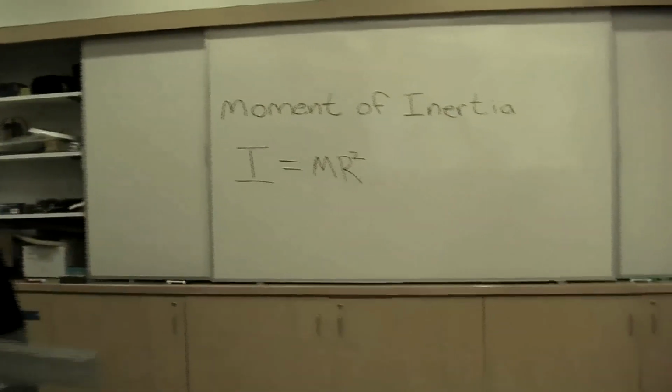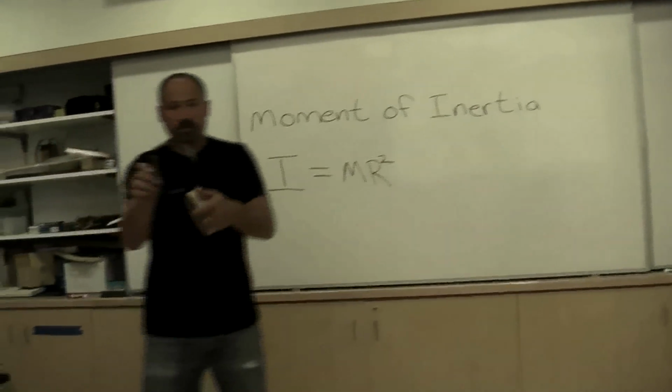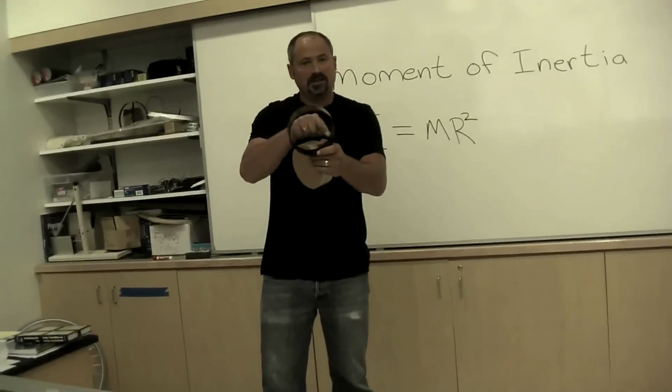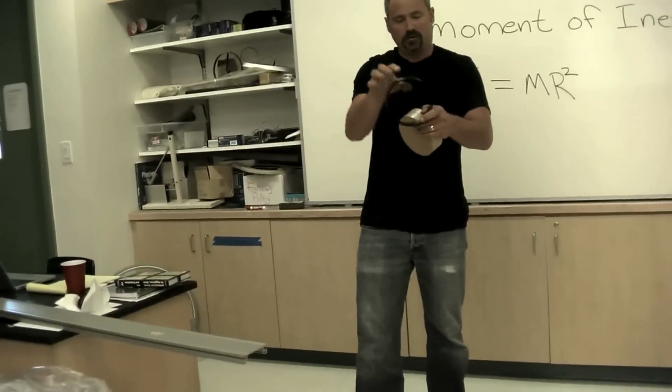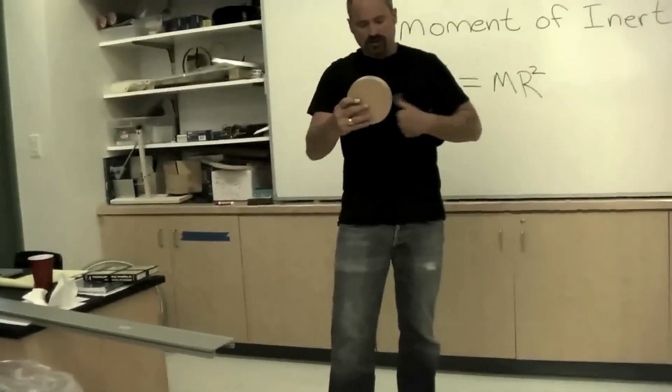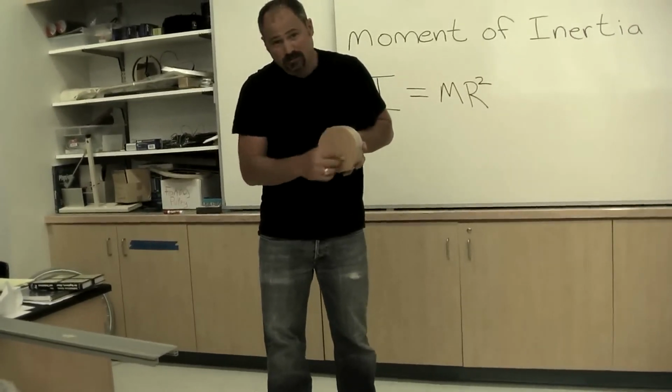Let's take another example. I have here two objects. One is a hoop, so all of the mass is a distance r from the rotation axis. It should be right through the middle. Here I have a solid disk. The mass is evenly distributed.